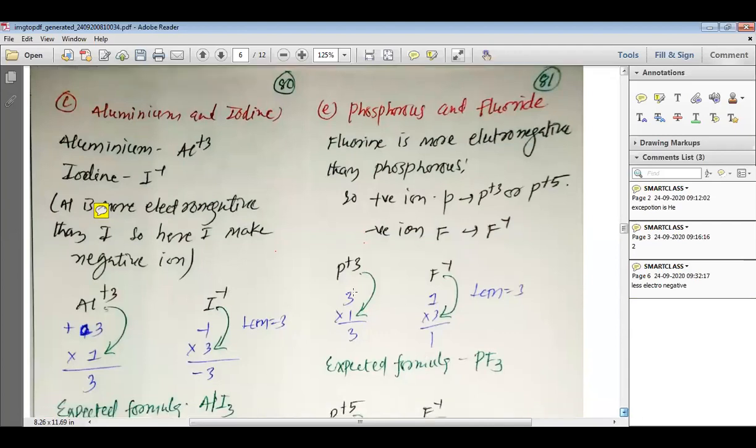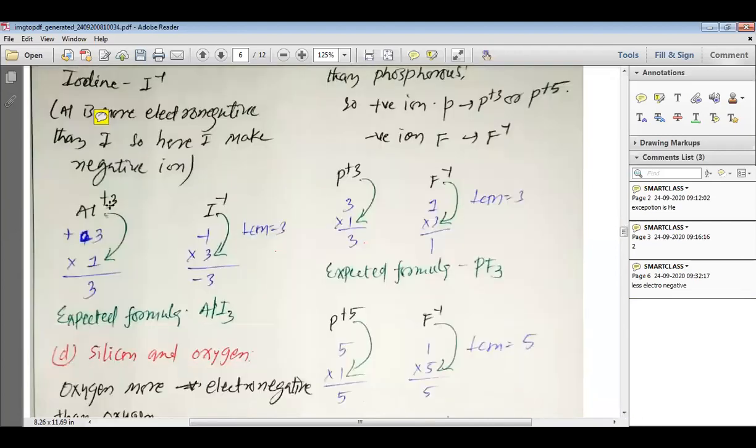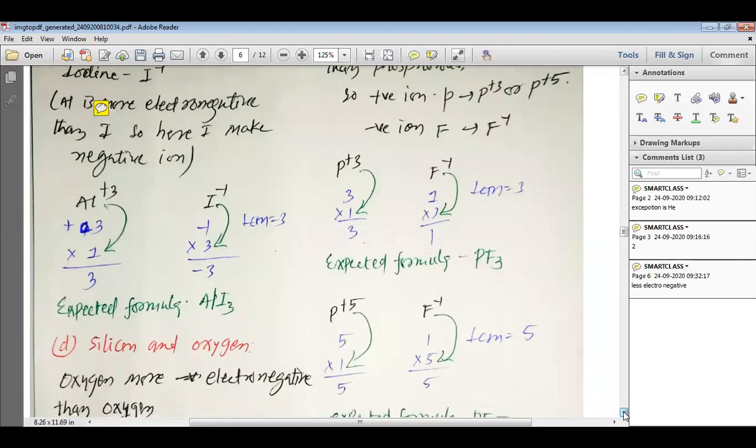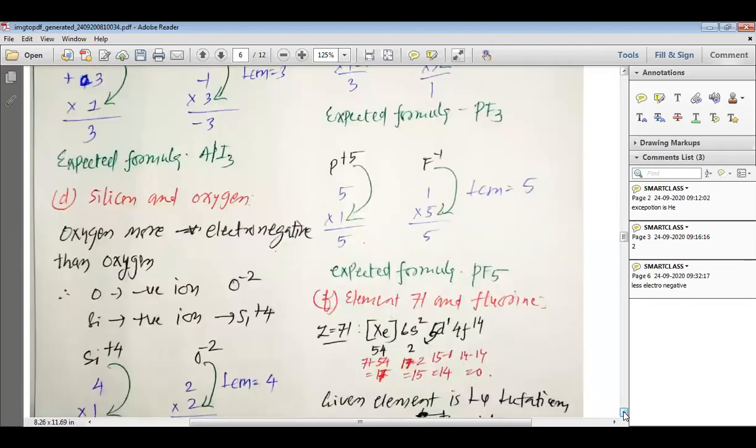So we can say aluminium +3 and I-1. The LCM is 3, so aluminium +3 needs to multiply with 1 and -1 needs to multiply with 3. So we need one aluminium whereas 3 iodine, and ultimately the formula is going to be AlI3.